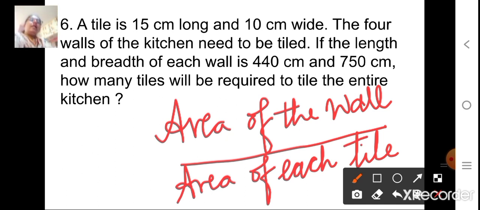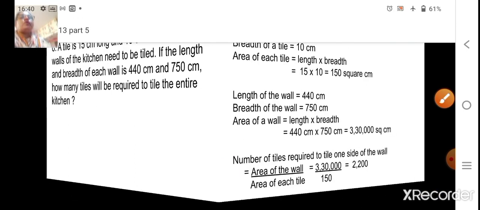When we divide the area of the wall by the area of each tile, we get the number of tiles required to tile one wall. I'll just show you the solution here.